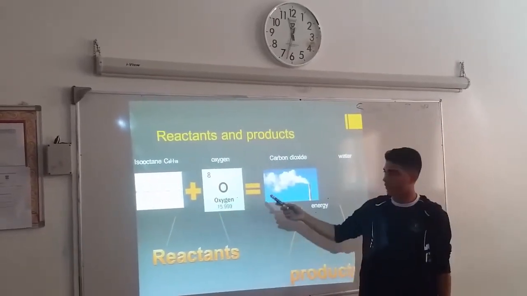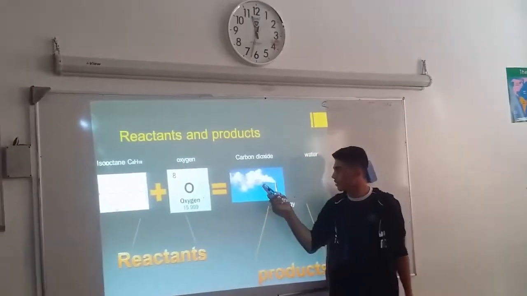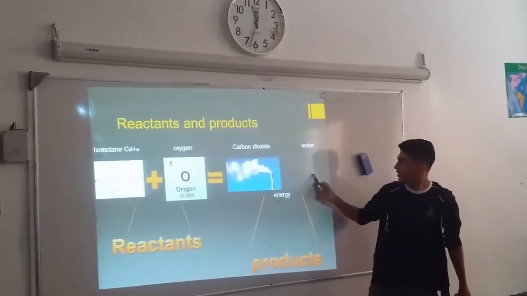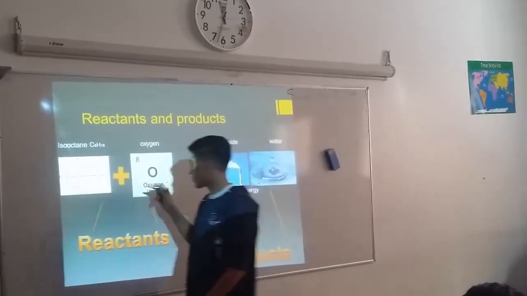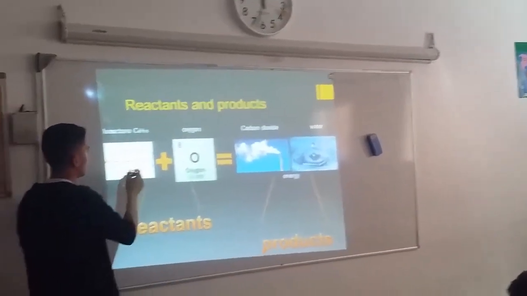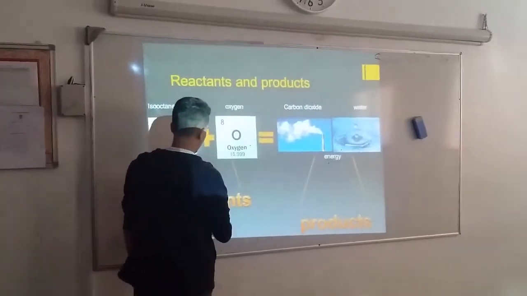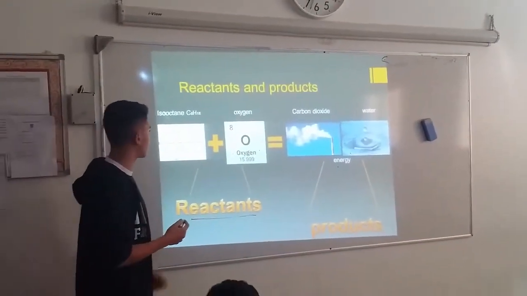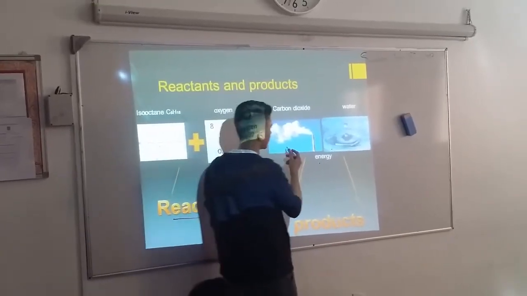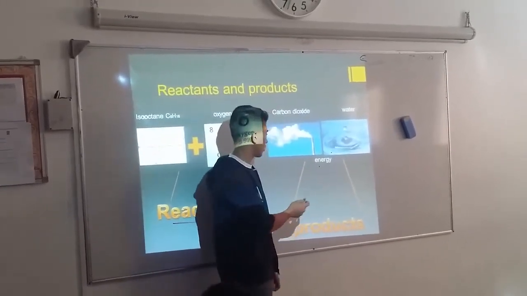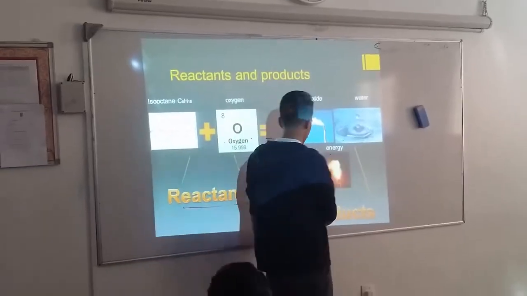When they react together, they form carbon dioxide, water, and they also release energy. So when you add isooctane with oxygen, they are both called reactants. They react together, and as a result you get carbon dioxide, water, and energy. Those are called the products.